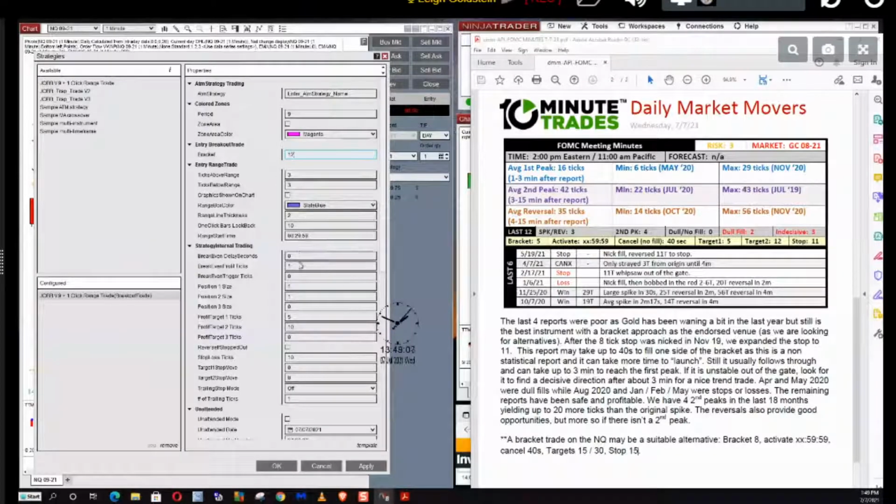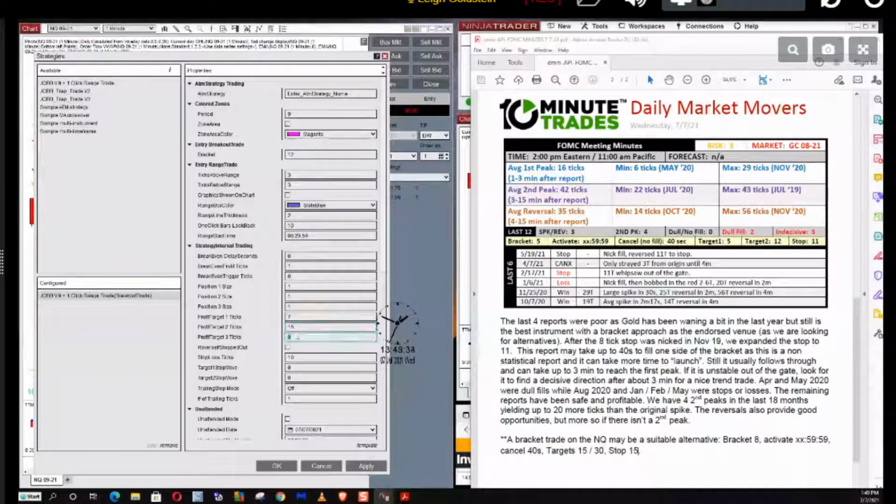I want a target of 7. So I'm going to use 3 positions. Make sure each position has a 1 in it: 1, 1, and 1. Target 1, 7 ticks. Target 2, 15 ticks. Target 3, 30 ticks.